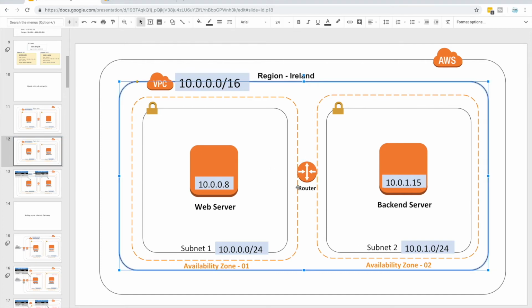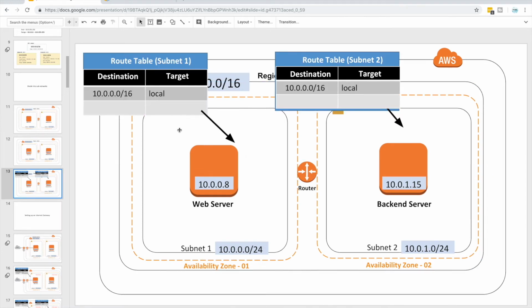That is made possible by a routing rule in this VPC router. Let me show you that. Take a look at this route table that is associated with this VPC router. Each subnet must be associated with a route table. So that's another thing that you must remember. For example, you can see this subnet 1 is associated with this route table, and this subnet is associated with another route table.